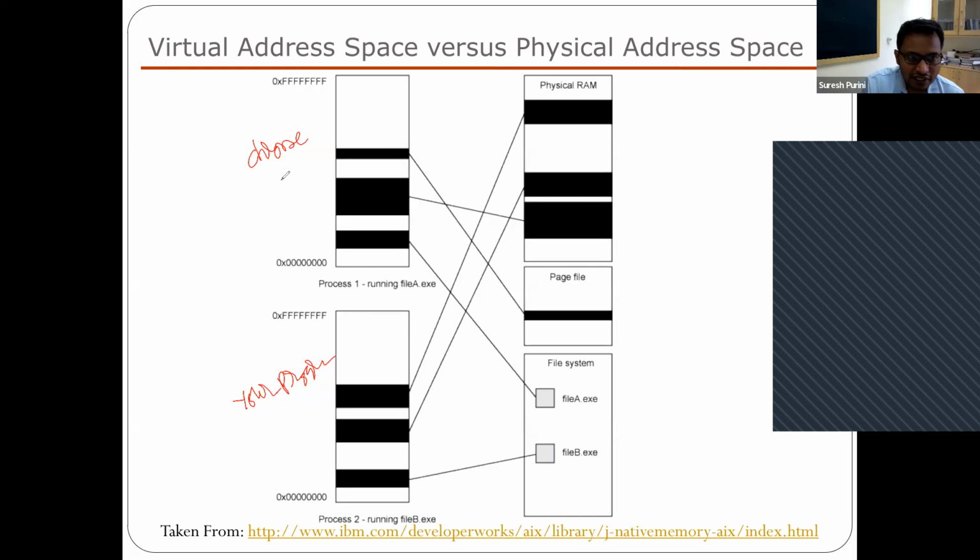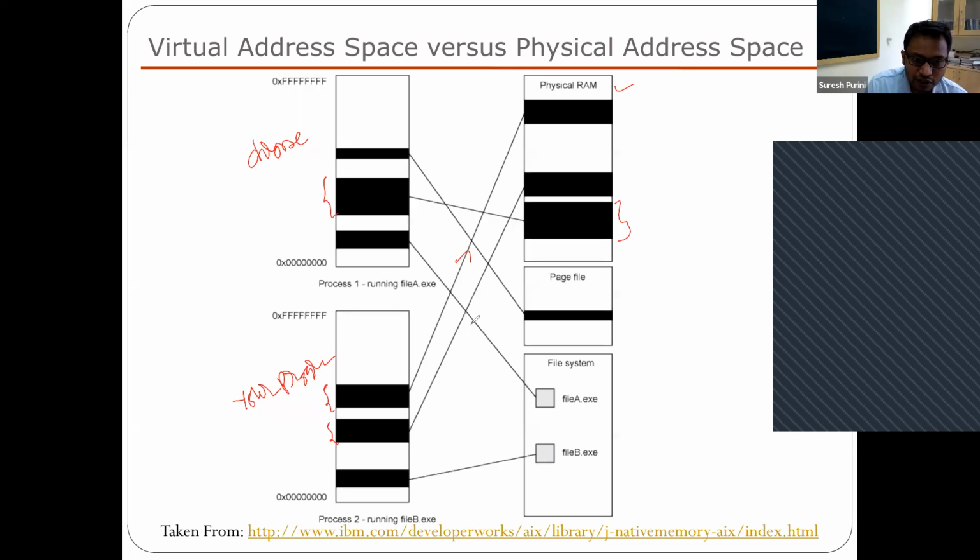But this memory layout that you are seeing is a virtual memory layout, whereas this is the actual physical RAM. A chunk of the virtual memory here is allocated this part of the physical memory. Similarly, this part of the virtual memory is allocated this part of the physical memory.